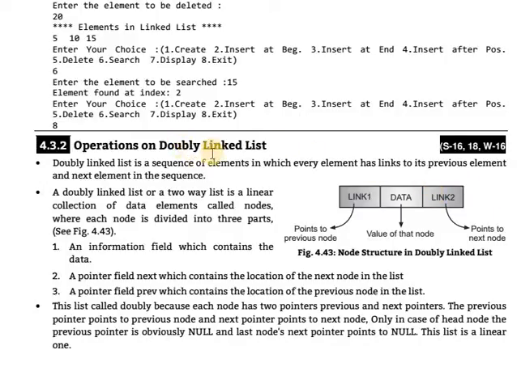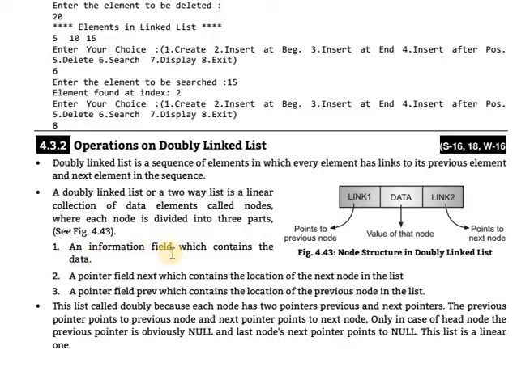But doubly indicates double, and singly indicates single. Doubly means there are double links, meaning double addresses are there: the previous and the next. A doubly linked list, also said as a two-way list, is a linear collection of data elements called nodes, where each node is divided into 3 parts.